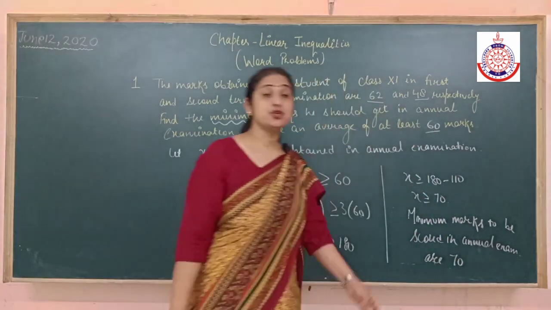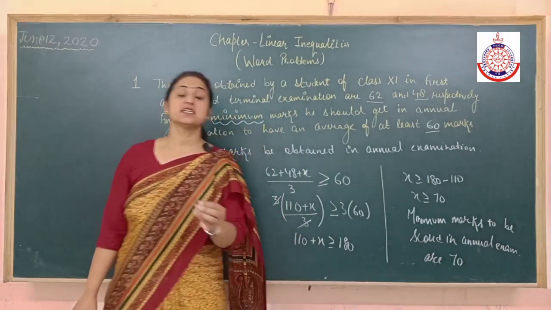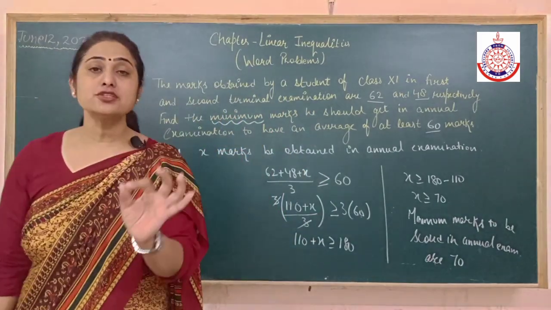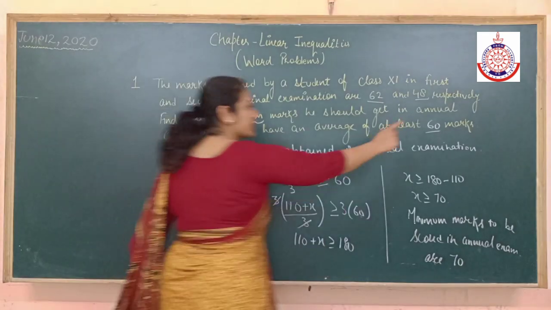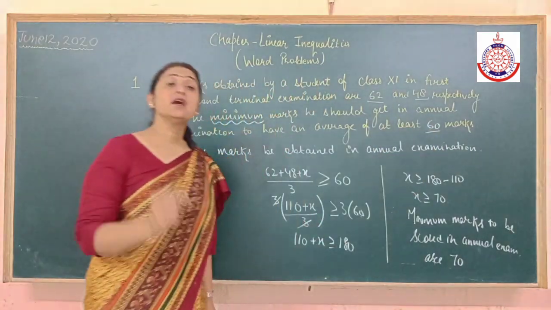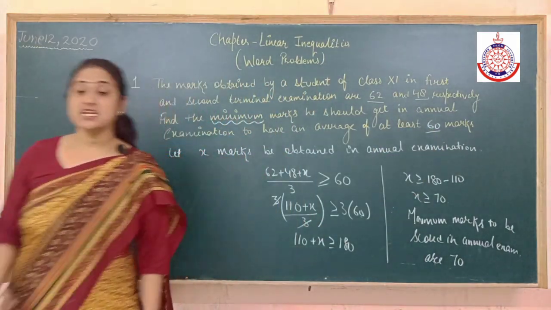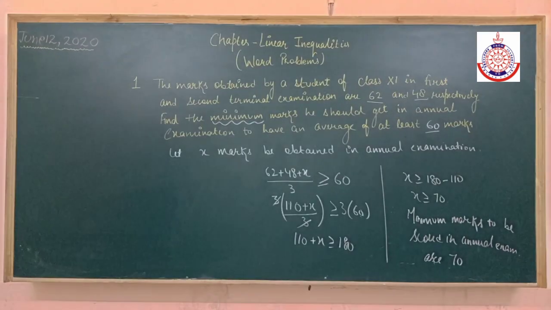The child should score at least 70 marks, minimum 70 marks to get the average of 60 and above. Alright, so you have to be careful about two words. One is at least and one is at most. At least and at most.